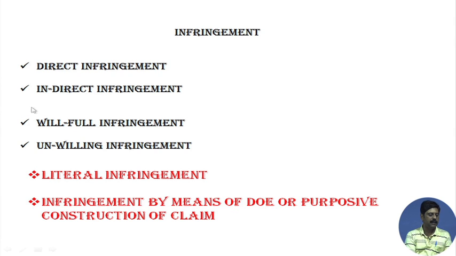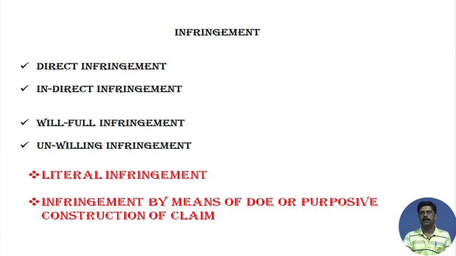Similarly, there is willful infringement and unwilling infringement. Somebody knows that this is a valid patent, and a company has started the manufacturing unit, so the intention is willful. They are willingly infringing, and in some jurisdictions this is treated within the purview of criminal law.